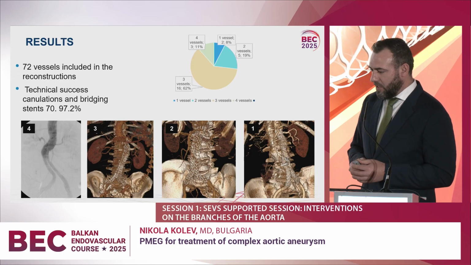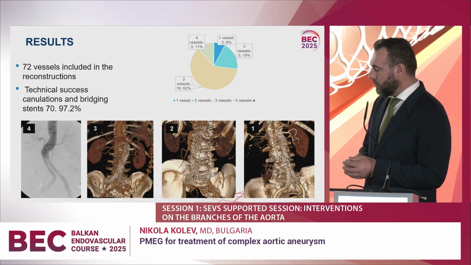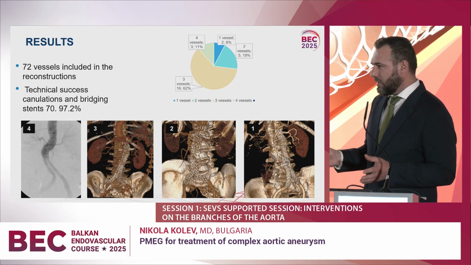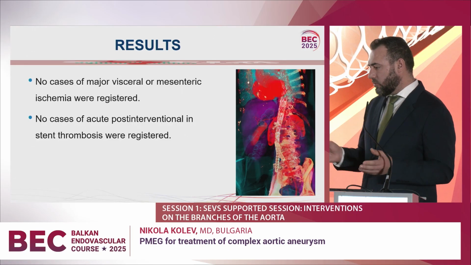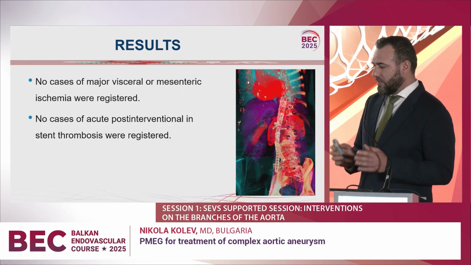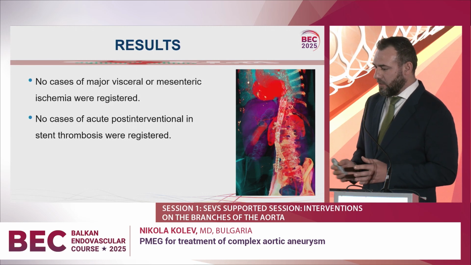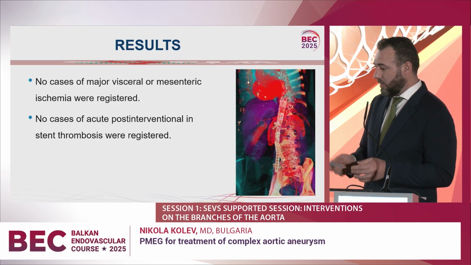But the patient has pretty good collaterals from the gastroduodenal arteries, so there was no major ischemia. There were no cases of major visceral ischemia and no cases of acute post-interventional in-stent thrombosis registered.